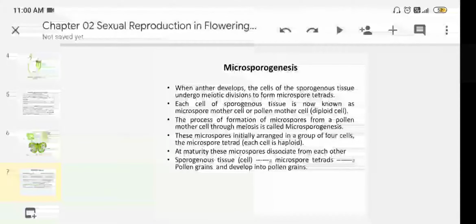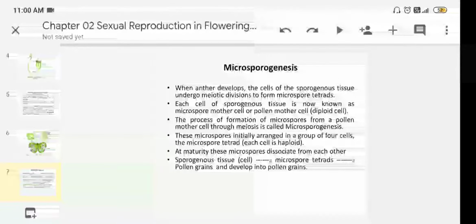Each cell of sporogenous tissue is now known as microspore mother cell or pollen mother cell, PMC, which is a diploid cell. What do you mean by diploid? Diploid means the chromosome number is 2n.